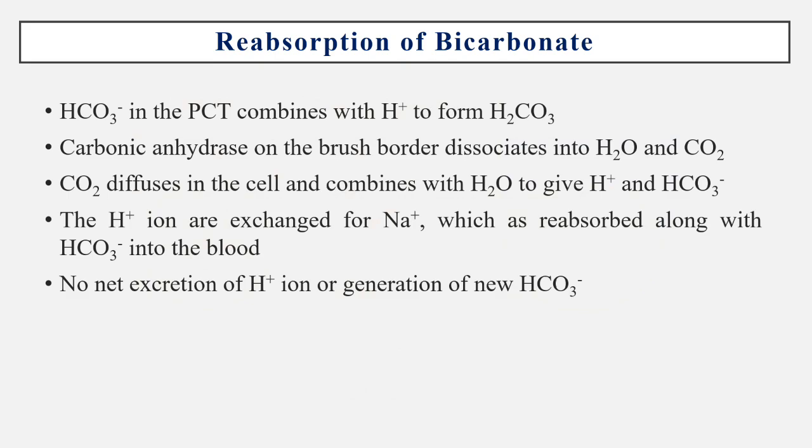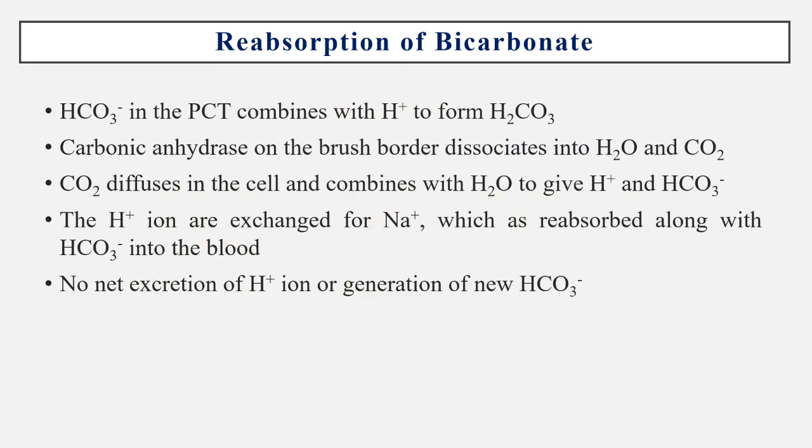Next, coming to the reabsorption of bicarbonate. Bicarbonate is present in the proximal convoluted tubule. This bicarbonate combines with H+ ions to form carbonic acid by the enzyme carbonic anhydrase.